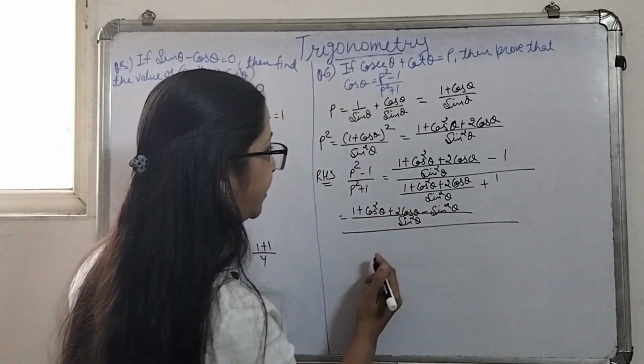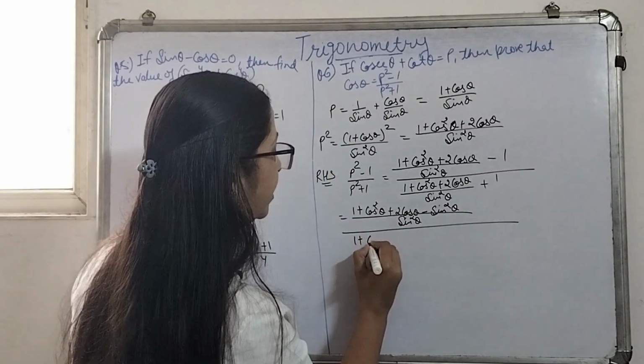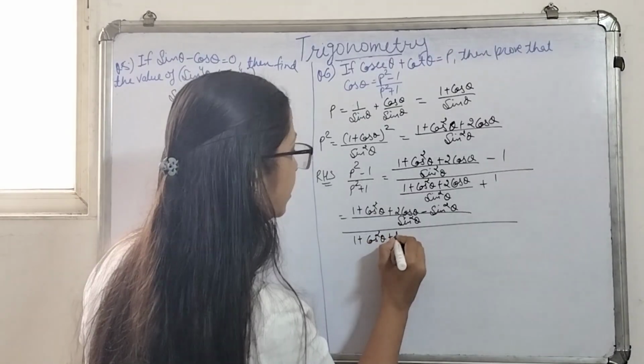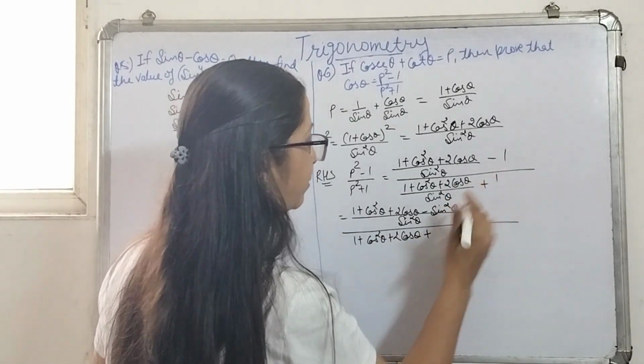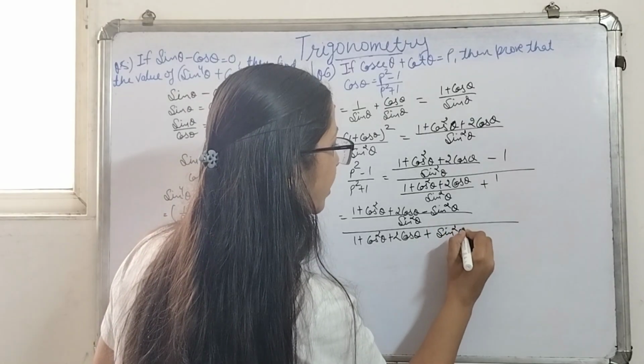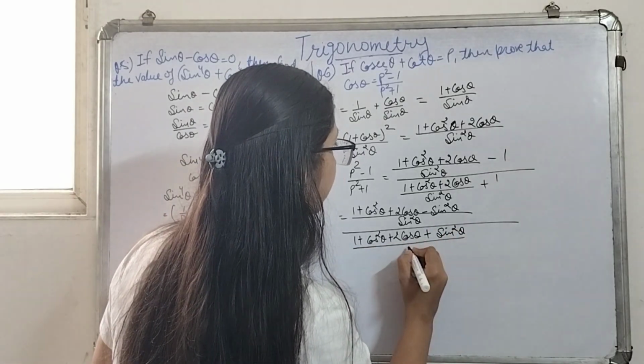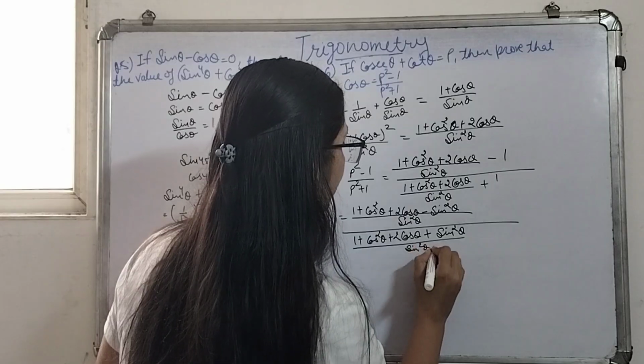The denominator part will be 1 plus cos square theta plus 2 cos theta plus sin square theta multiplied by 1, upon sin square theta.